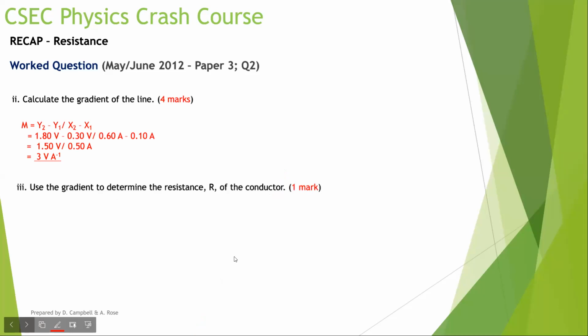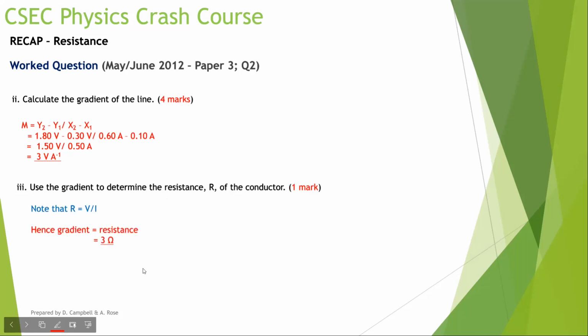Right. Then finally, well, not finally for this graph, you're asked to use the gradient to determine the resistance R of the conductor. Remember that if we plot voltage or potential difference against current, then the gradient based on Ohm's law should be the resistance, because resistance is equal to voltage divided by current.